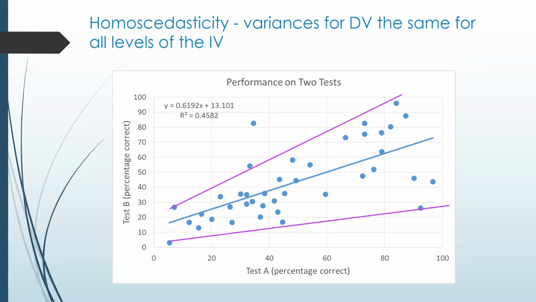This might suggest that we have a little bit of a problem, but as Yaki talks about in the text, this violation of homoscedasticity, unless it's really egregious, probably is not going to affect your regression results or bias them too much.